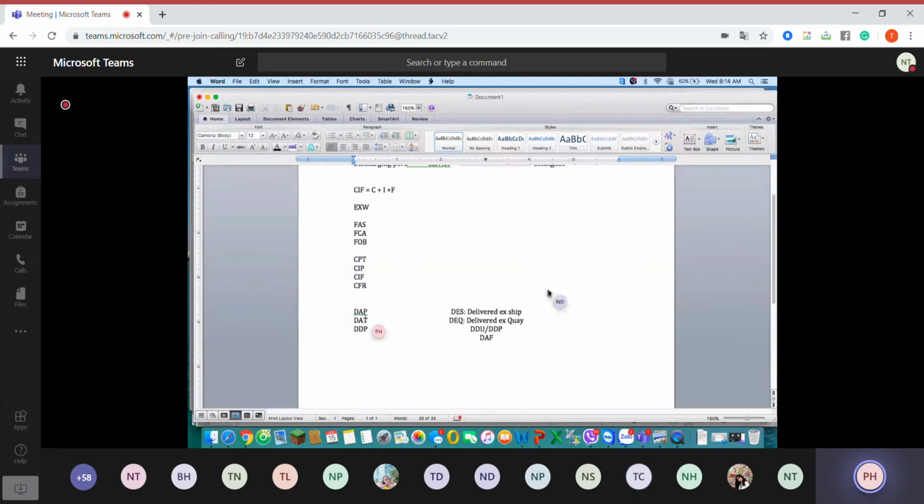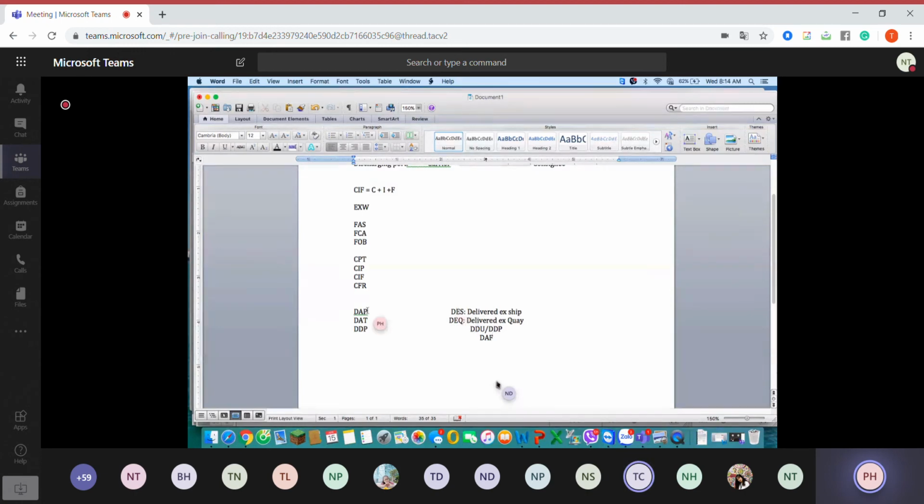But the reason why we changed from the DES and DEQ to the DAP and DAT is that the DES and DEQ are only used for maritime transportation, because we already specify this as ship and this as quay.